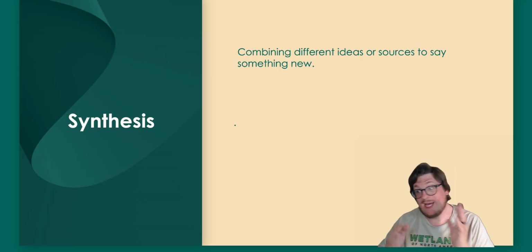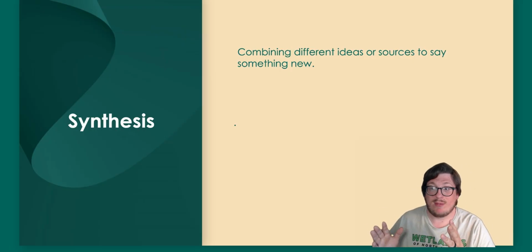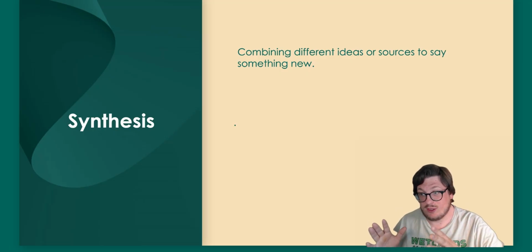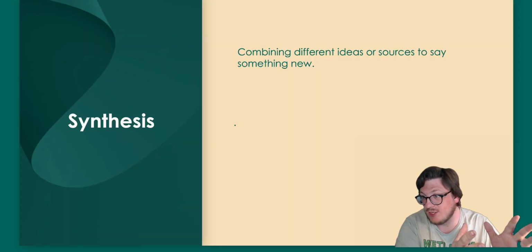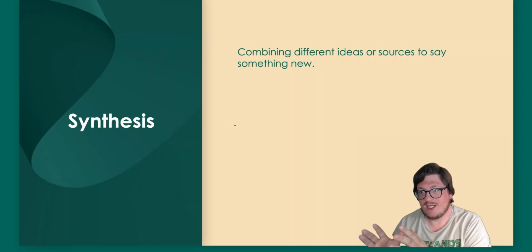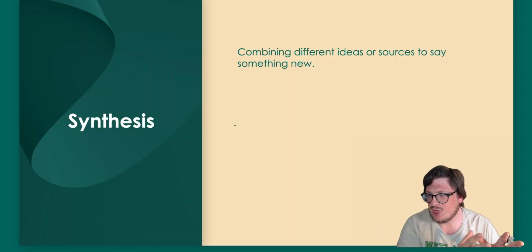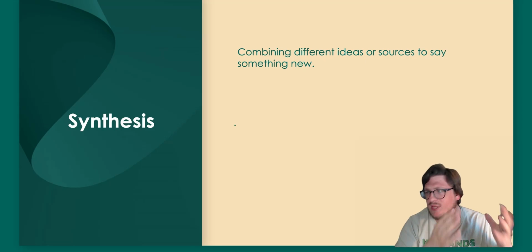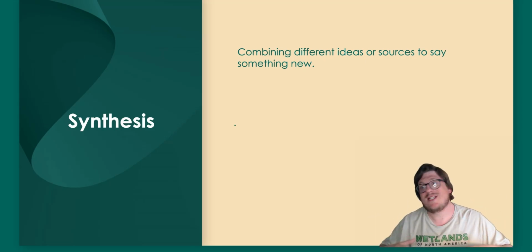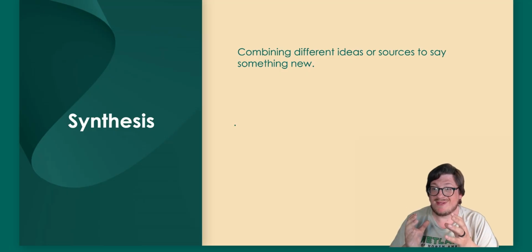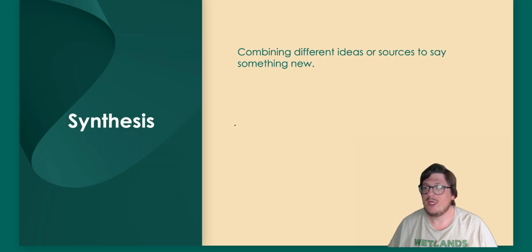So maybe you're looking at one particular way. Maybe you're studying post-structuralism and reading a novel. So you're taking the ideas of post-structuralism and you're applying them to the novel. Where do you see them in the novel? How do they affect your reading of the novel? All these kinds of things. But what we're doing is taking these disparate ideas and putting them together to say something new.